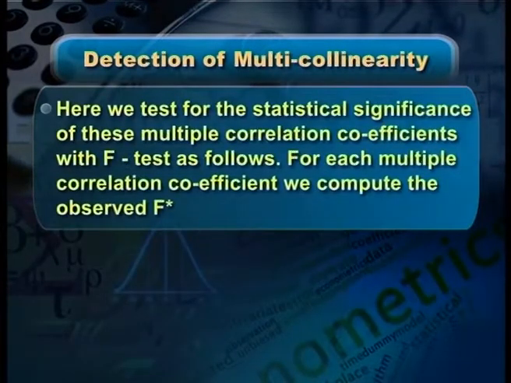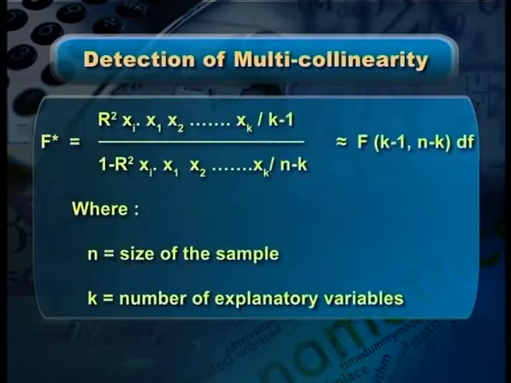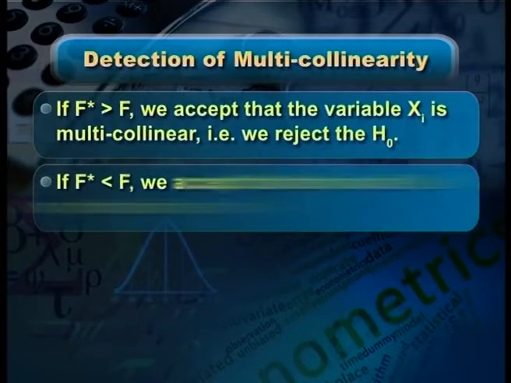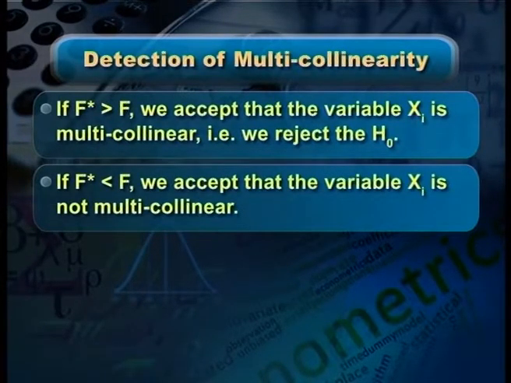Then we have to calculate the computed value of F. After calculating the computed value of F, that is F star, we are supposed to compare the calculated value with that of the theoretical value of F. If the calculated value is greater than the theoretical value, that is F star is greater than F, we accept that the variable xi is multicollinear, and in a way we reject the H naught. If F star is less than F, we accept that the variable xi is not multicollinear.